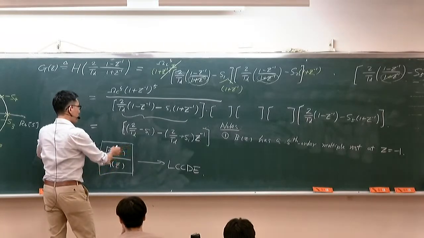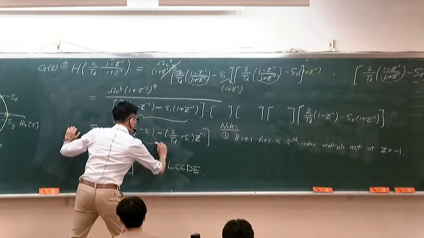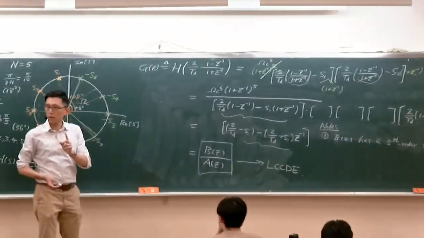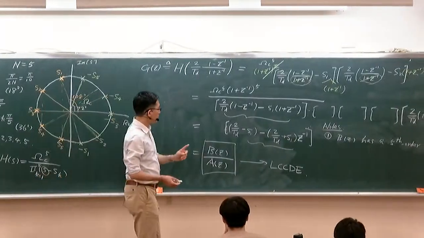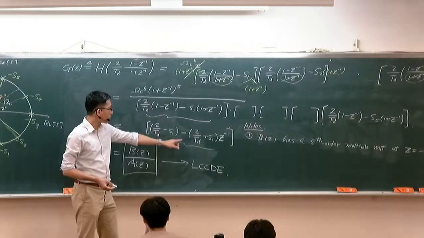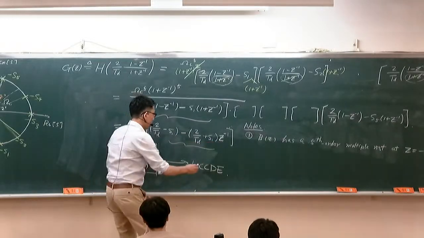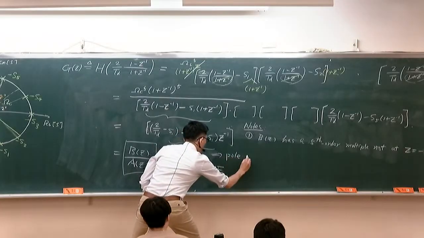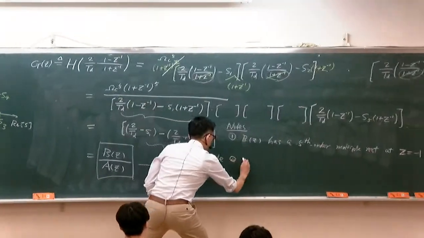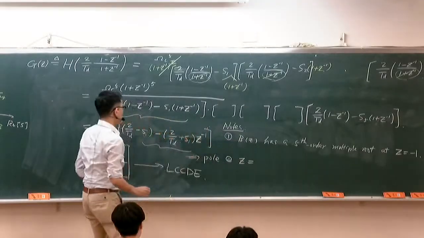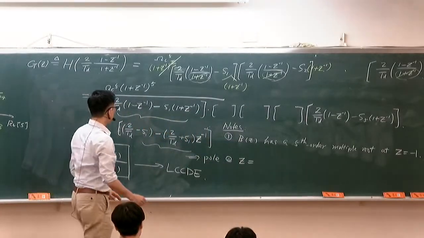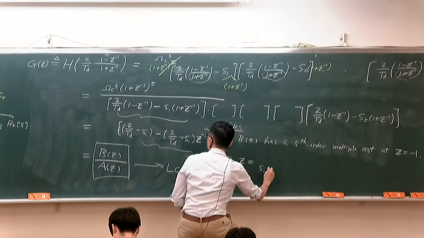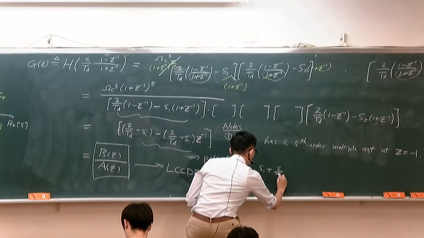So having this expression contributes one pole. And what is it? I'm asking what z. Then we find one pole at z equals to what?